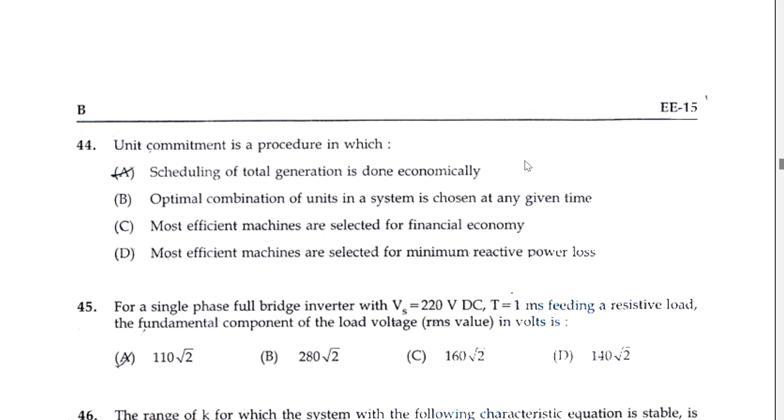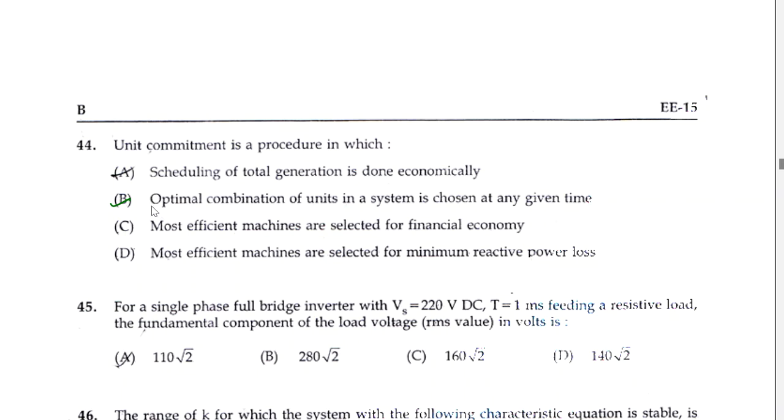Next one, unit commitment is a procedure in which the optimal combination of units in a system is chosen at any given time. That means if you have two or more thermal power plants of different ratings, then at the station level they will choose different combinations of the generators or thermal power plants so that power is generated economically.